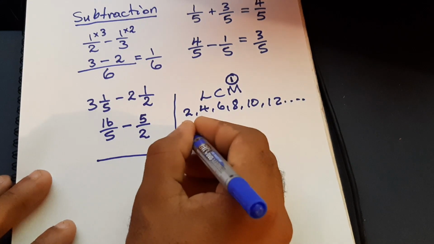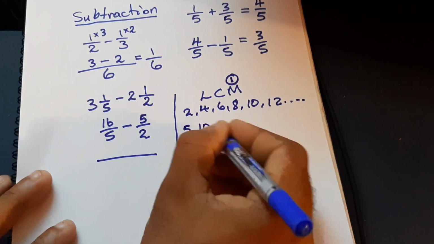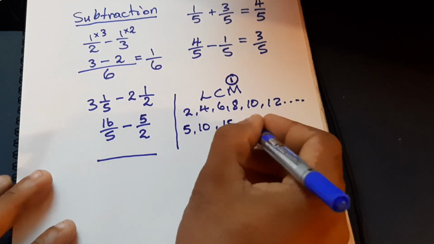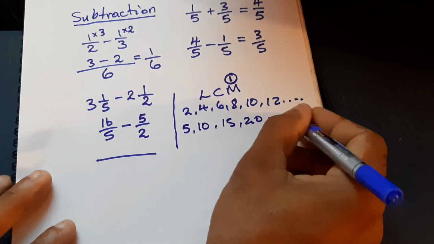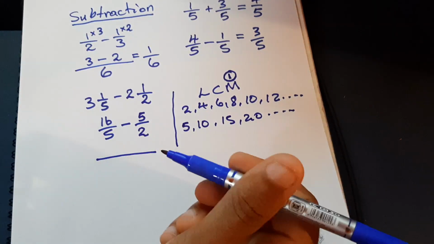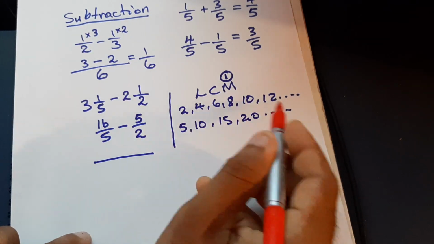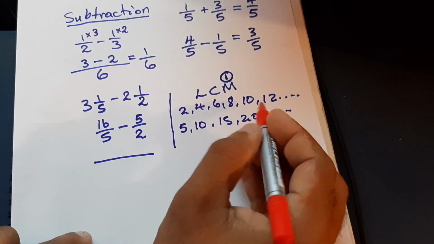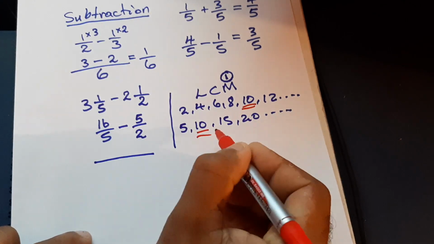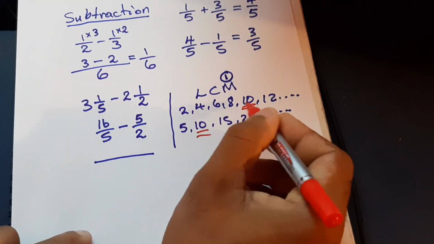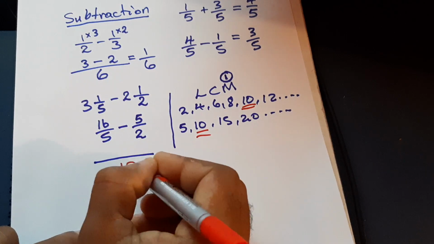For 5, multiples are 5, 10, 15, 20, and so on. But I'm just going to stop there. So, which is the lowest common multiple? So these are the multiples. What is common so far? Only 10 is common so far, and as you can see, it is the lowest. So 10 is the LCM.